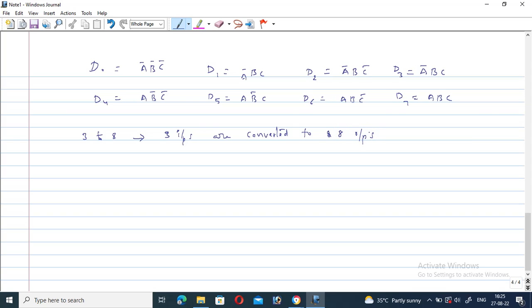So this is also called a 1 of 8 decoder.